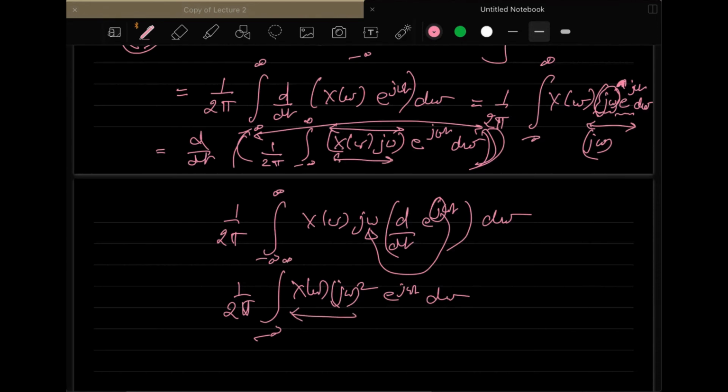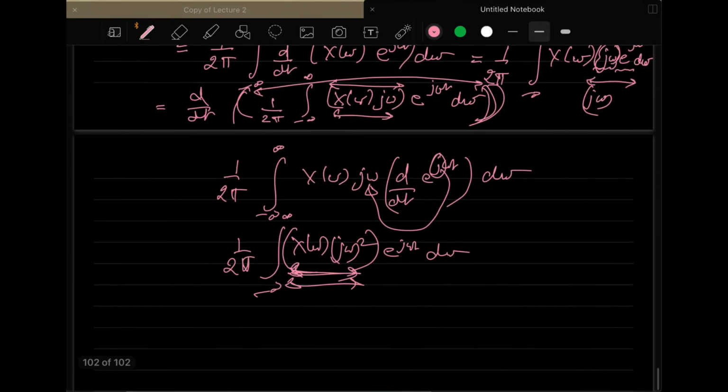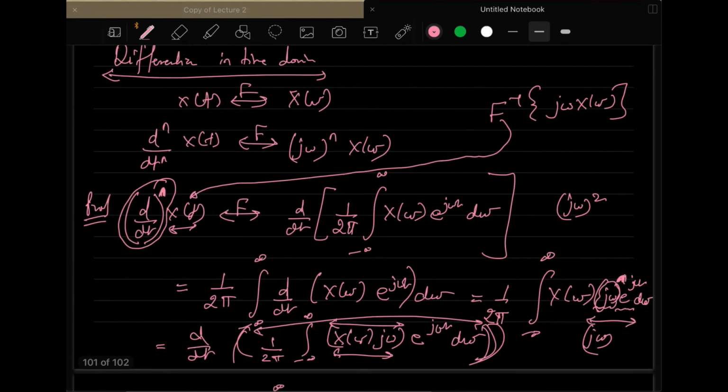If you take the inverse Fourier transform of this, that corresponds to d square by dt square of x of t. Similarly, if you repeat it n times, it becomes n here. So this shows that if you take the nth derivative of the signal, then the corresponding Fourier spectrum will be multiplied by j omega to the power of n.